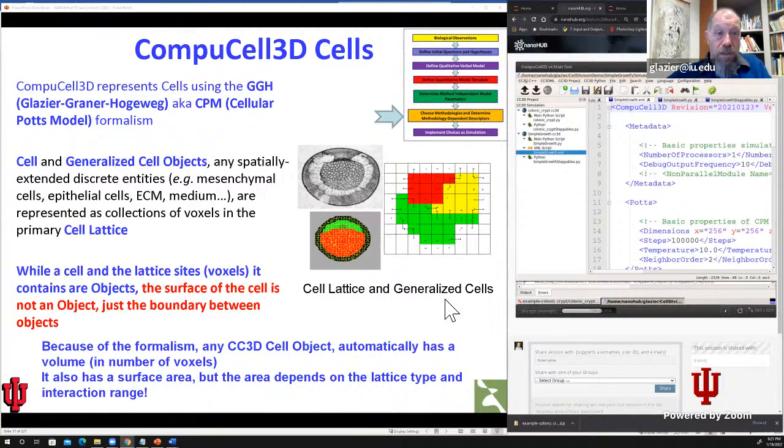It's not an object. And that can actually cause a little bit of an annoyance later on, because it means there isn't a computational object to attach things to when we're doing computer simulations. And we're going to do a lot of work to deal with that problem in the future.